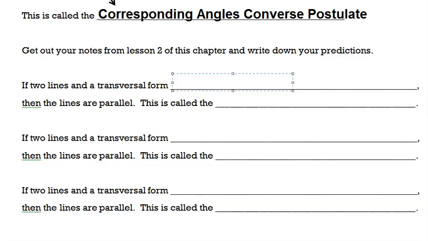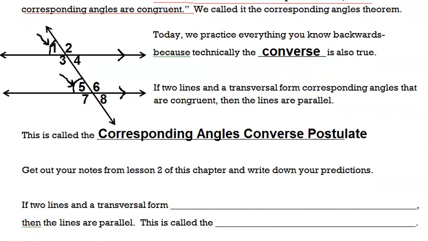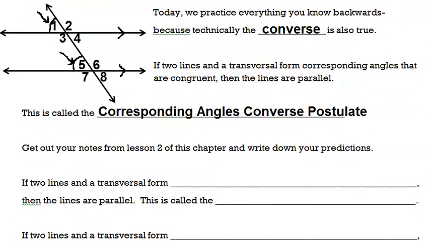So, the next one that we did back on note sheet 2 was same side interior. And we know that same side interior angles, like angles 3 and 5, are not meant to be congruent. They're actually meant to be supplementary. Excuse me. So, when we go through this, that's what we're going to use.